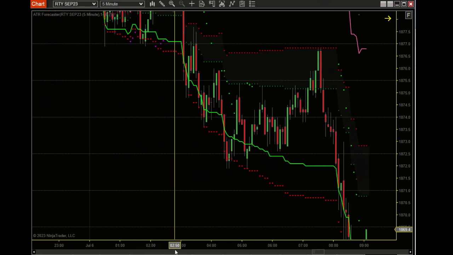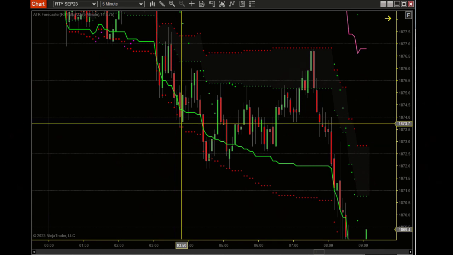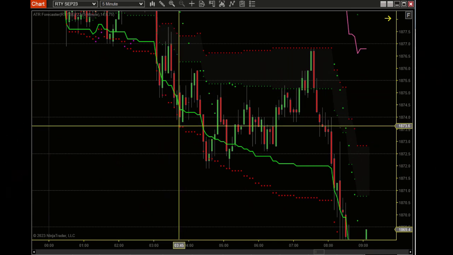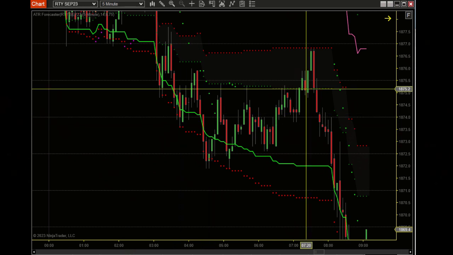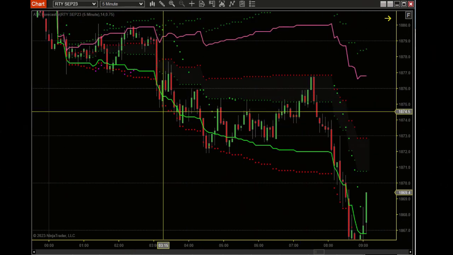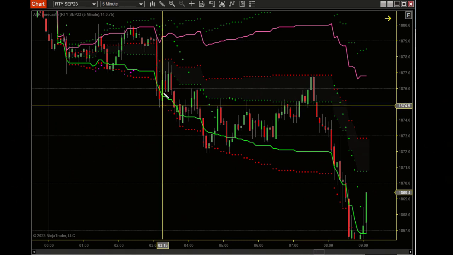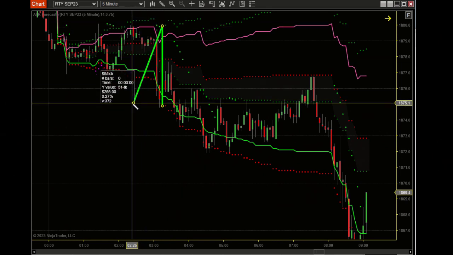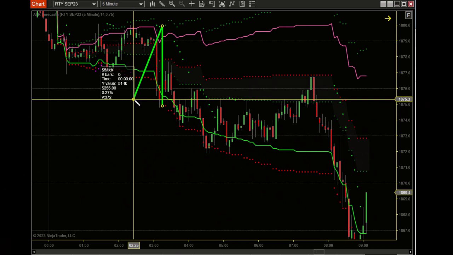So from midnight to, let's say, right here, if we hit it right here, midnight to 3:45 in the morning, the average range for those 3 3/4 hours is from this red dot up to this green dot up there.